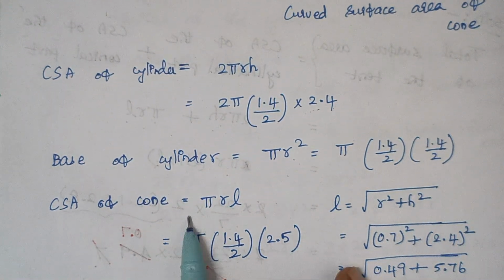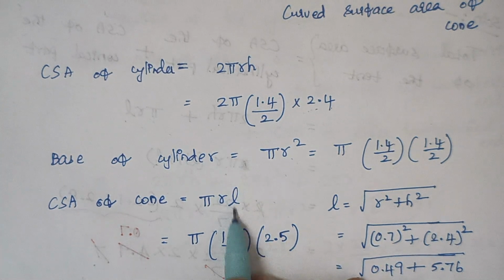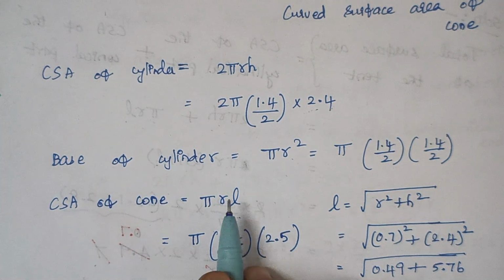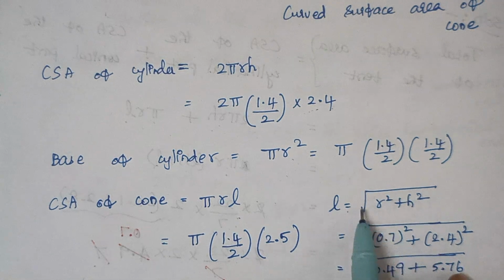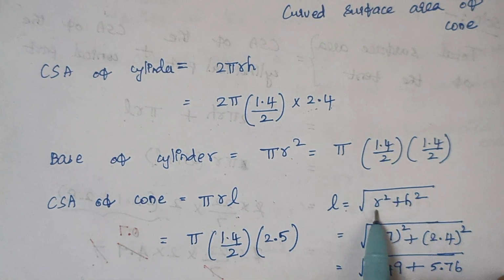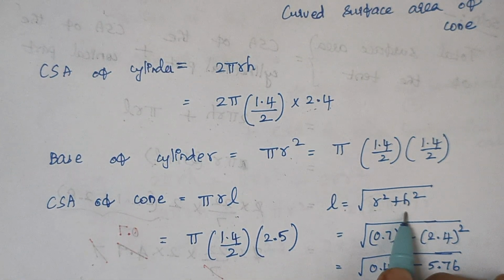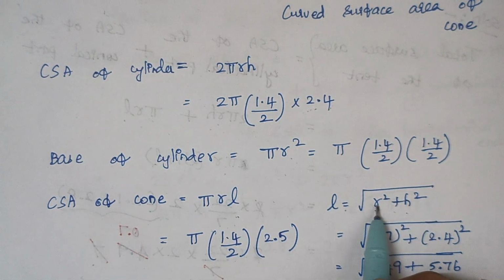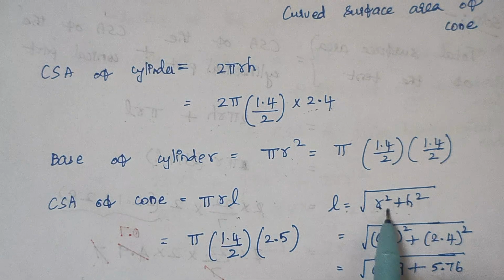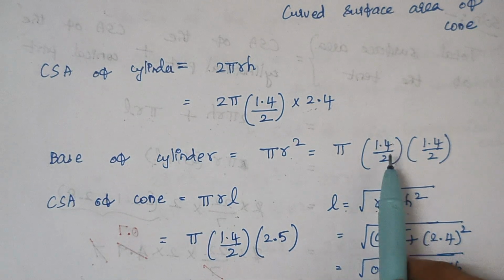And the next one is the curved surface area of the cone. Here the formula is pi r L, right? L is the slant height. The formula for L is square root of r square plus h square. Again the value of r is the same, because it is clearly given in the problem that the diameter and the height of the cylinder and the cone are the same. Therefore the radius is again 1.4 by 2.